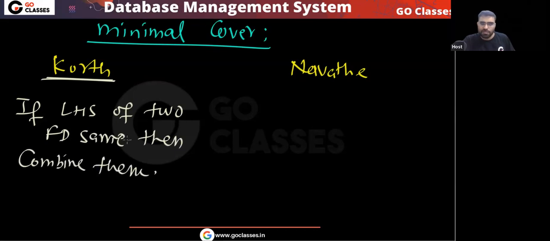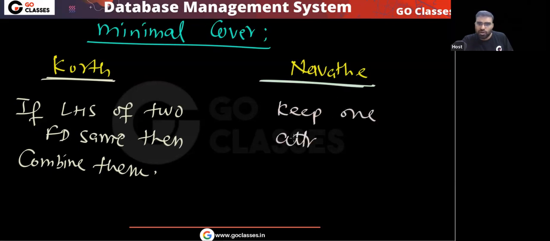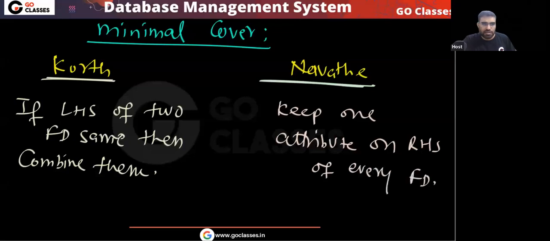Very simple. And Navathe says keep one attribute on the RHS of every FD. Keep one means don't mix.